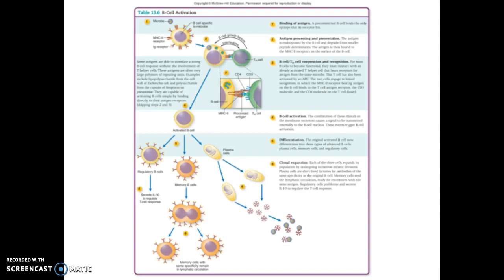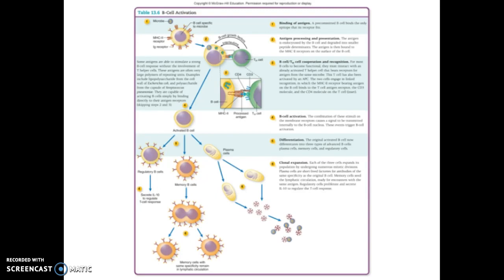And so it's going to bind to the B cell receptor, and then it's going to pull that microbe inside of it, which you see in step 2, and it starts to digest it, to process that antigen, and then present it on its surface again to a T helper cell.